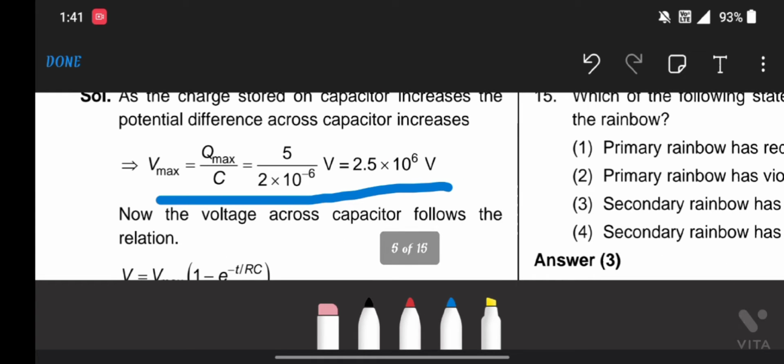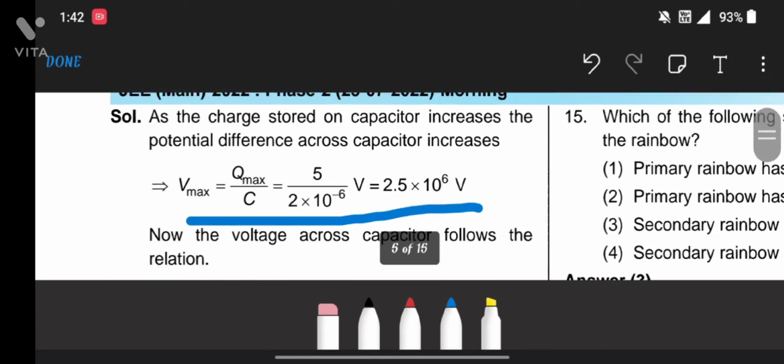So after taking this, as you know, what will be the answer if we solve 5 by 2? It will be 2.5 as usual. So voltage maximum is equal to 2.5 into 10 to the power 6 volt.